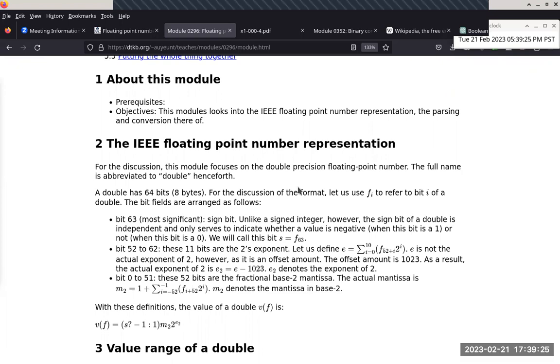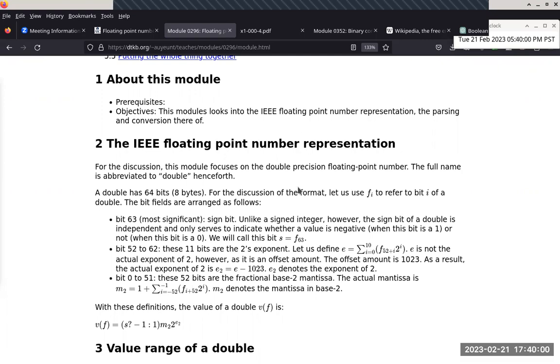Let me ask you a few questions. Do you think this E here, as defined in this particular sigma notation, can go negative? No, it cannot go negative, right? So that means I cannot represent very, very small values, things that are very close to 0. So instead, I use this E here as a biased number, and the bias itself is 1023.